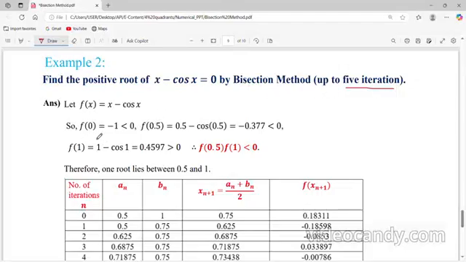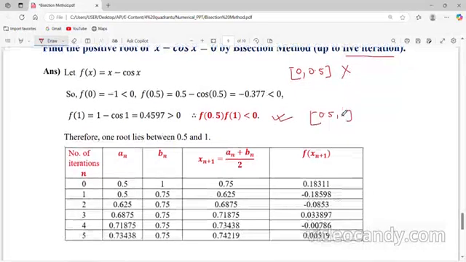Just see that here 0 to 0.5 also we can take. 0 to 0.5 both are minus values, so here we go for 1. So f of 0.5 less than 0 and f of 1 greater than 0, this is your interval. So 0.5 to 1.